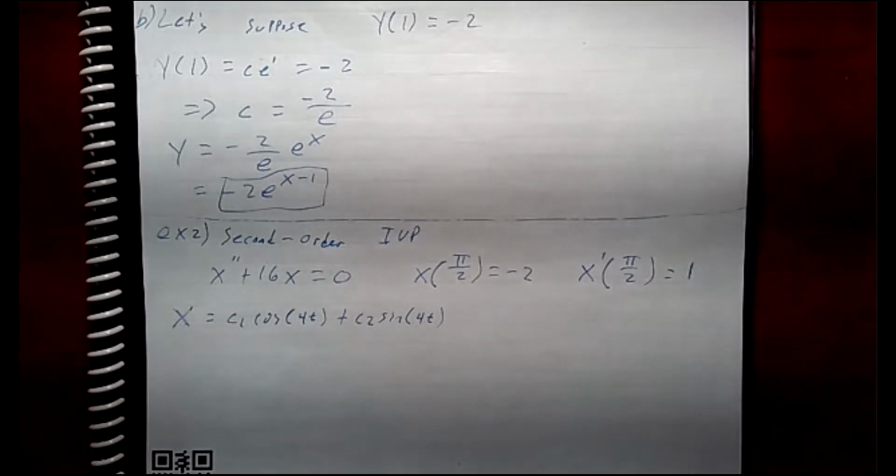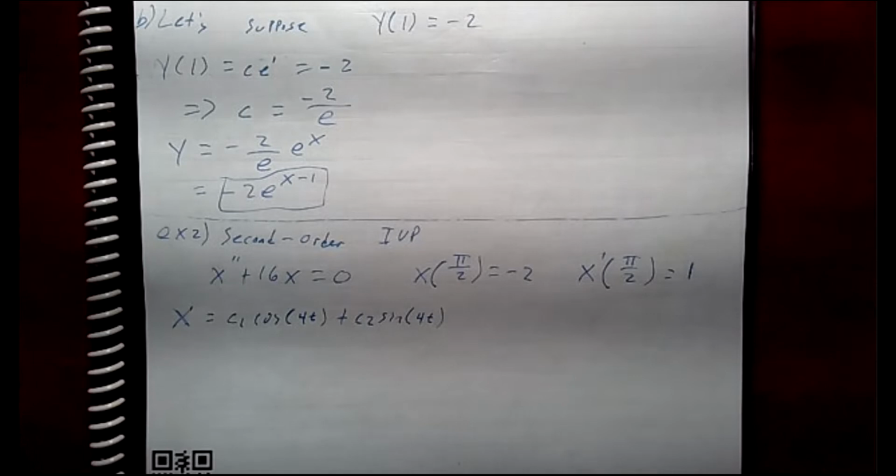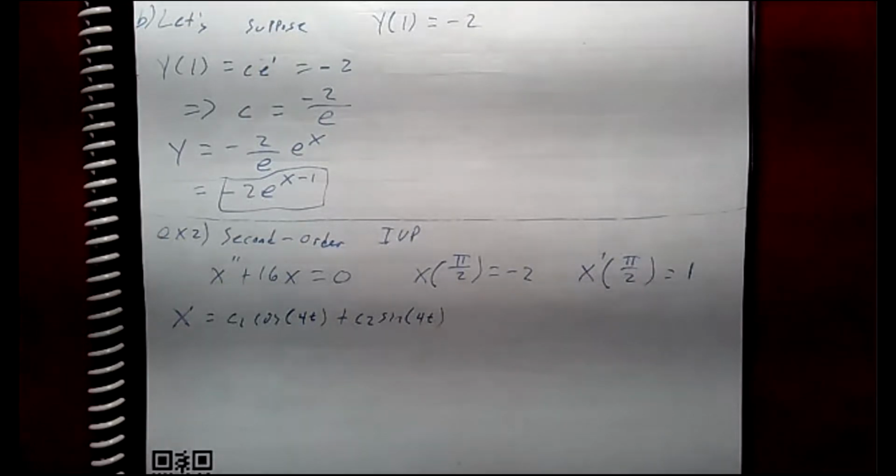Okay, so in order to use the initial conditions, we're going to have to take the first and second derivative, right? So we need to solve for C1 and C2.